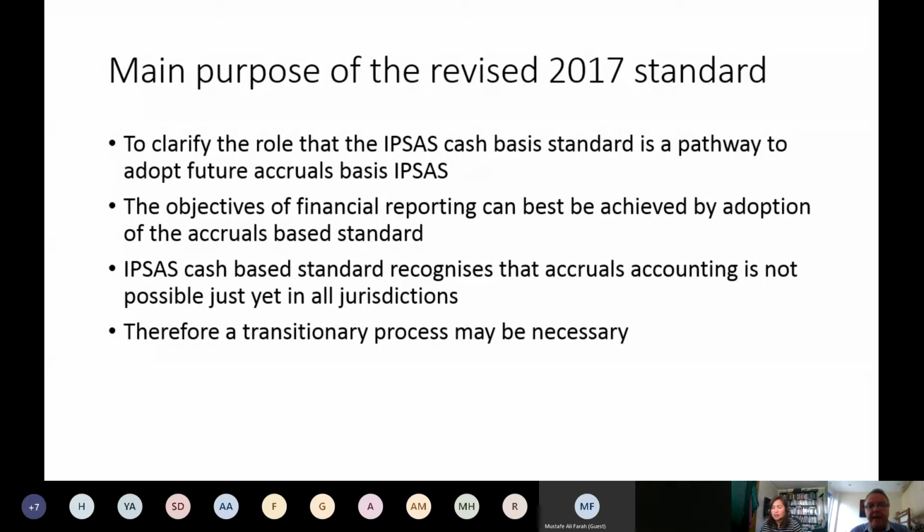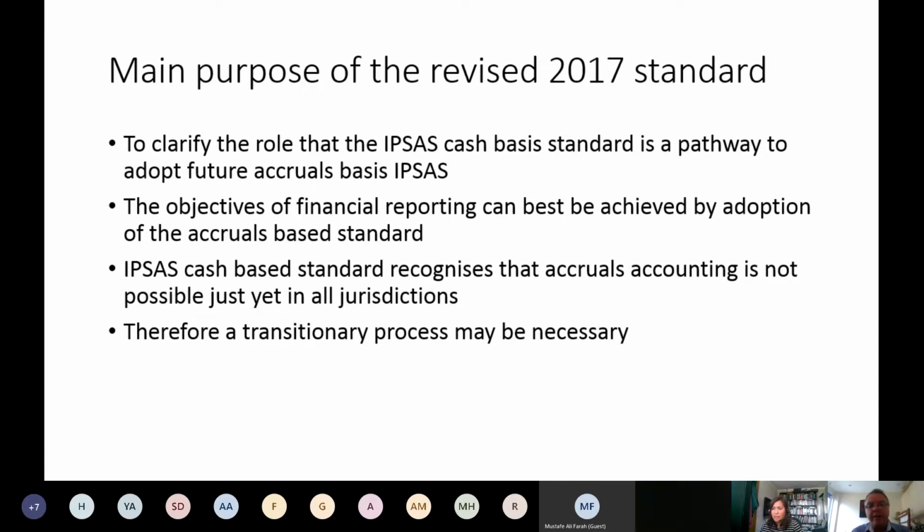The IPSAS cash-based standard recognizes that accruals accounting is not possible yet in all jurisdictions, and that's a reality. We know at the moment that Somaliland needs to develop a bit further in terms of the accounting process, and eventually you'll all be following the accruals concept, like other countries around the world, and like we said earlier on, easily to compare your accounts to theirs.